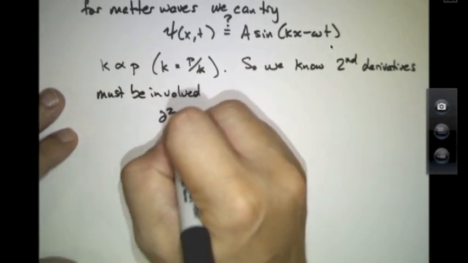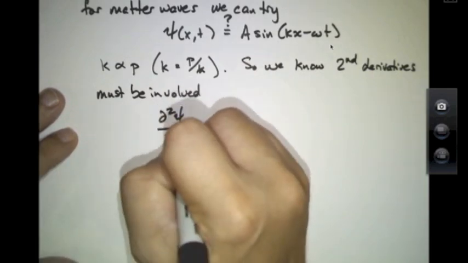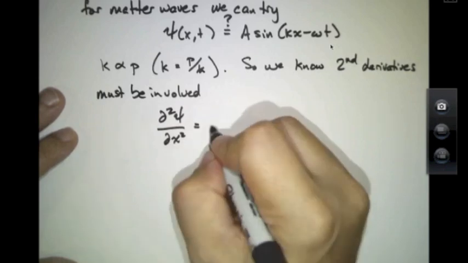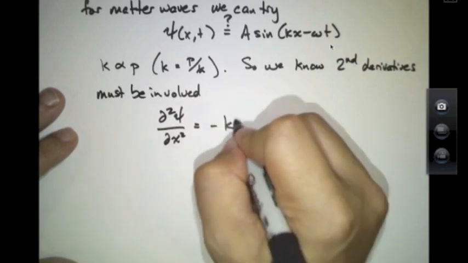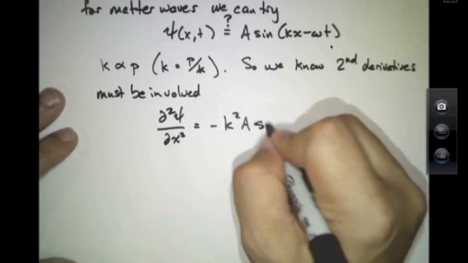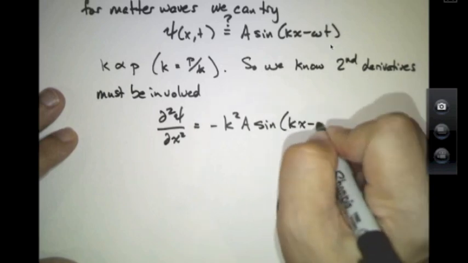So we can write down d squared psi dx squared. This would equal minus k squared a sine of kx minus omega t.